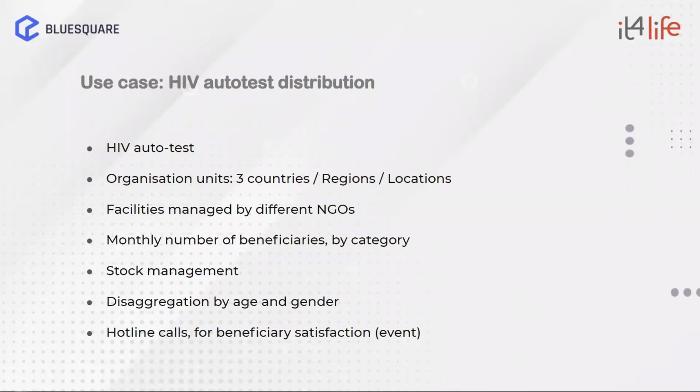We want to know the number of beneficiaries by category. We also want to have an idea of how many tests I have in stock. So we will need to collect information, and we have a disaggregation of this information by age and gender.